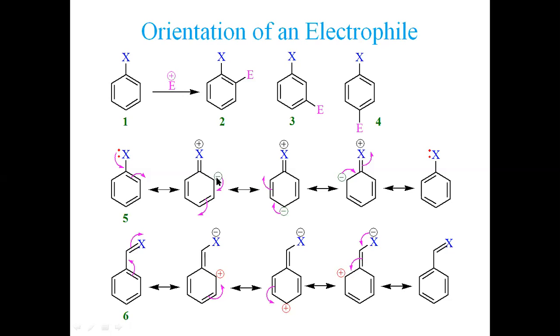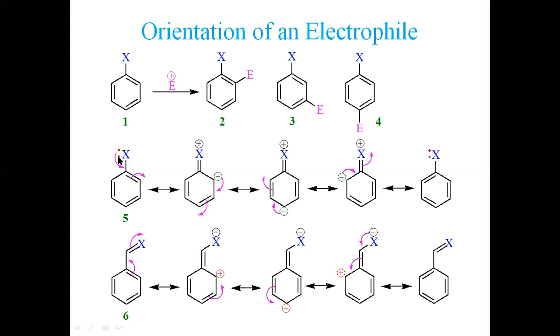The opposite charge is available at ortho and para, not at meta. That's why the electrophile shall not approach this carbon. It shall approach ortho and para, so it shall result in products number 2 and 4. This is the result when X has a non-bonding electron pair.